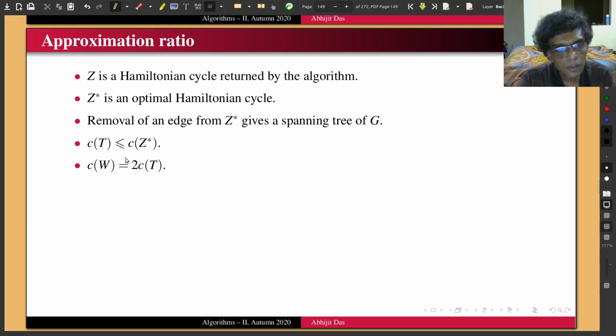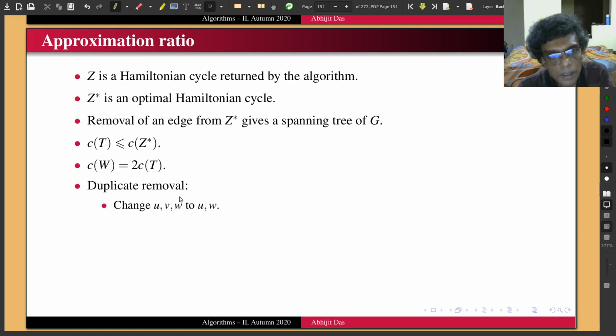Now consider, of course, I am not outputting this W itself as my TSP. What we instead do, there is another process involved, that is removal of duplicates. So what happens to cost of W by this duplicate removal process?